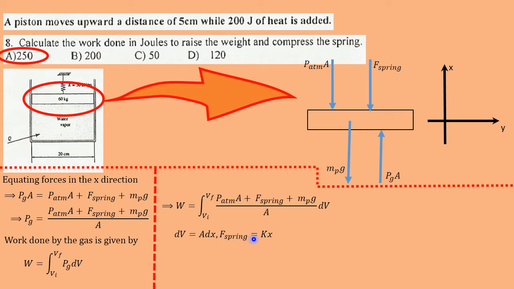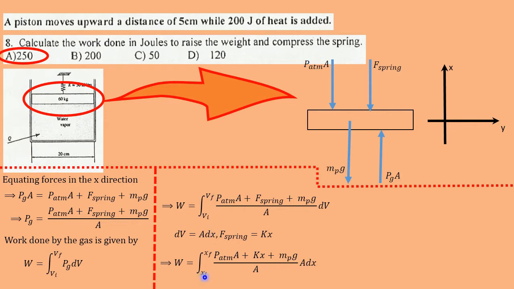F_spring is equal to kx. We know that the spring force is a linear function, with k the constant of the spring. Now when we have this substituted in the work above, we have W equals the integral from x_i to x_f, so it's no longer V_i to V_f because the variable now is x.